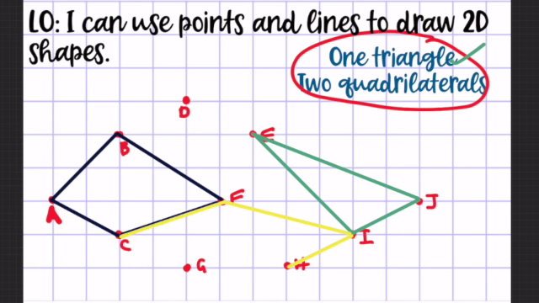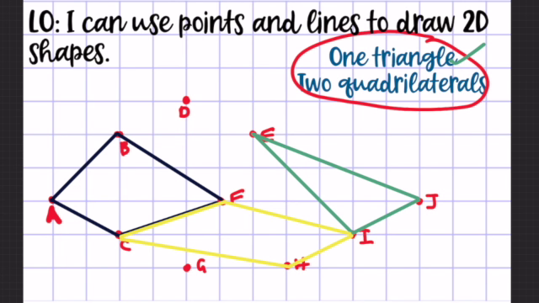So look, those lines are right next to each other. And then, because a quadrilateral has 4 sides, I'm going to go from C to H. So there are other ways I could have done that. I could have gone from F to G and G to H.